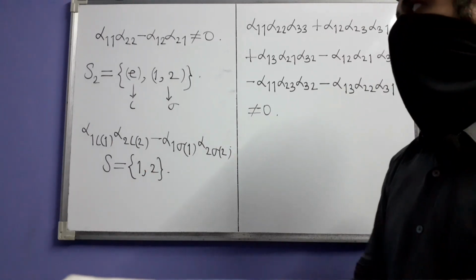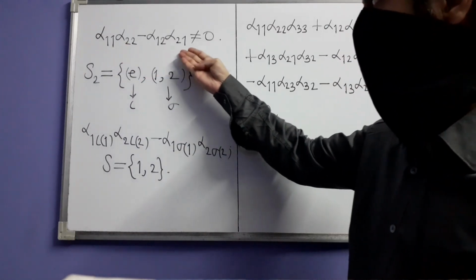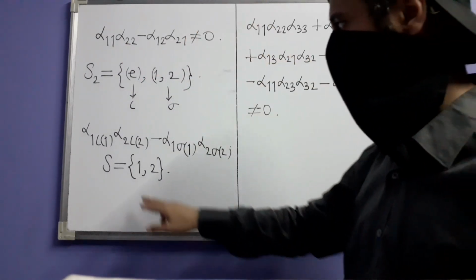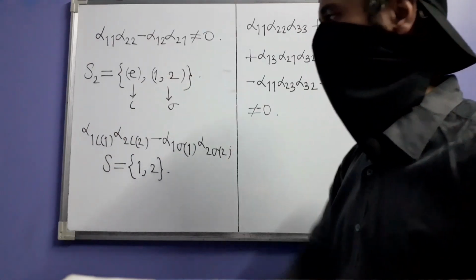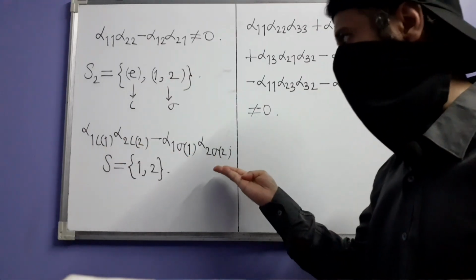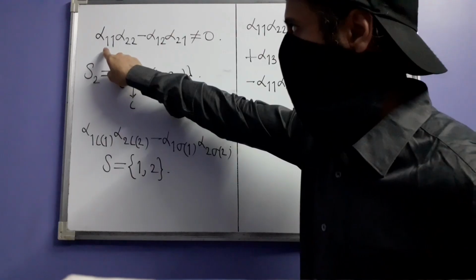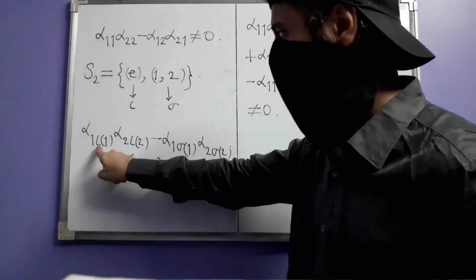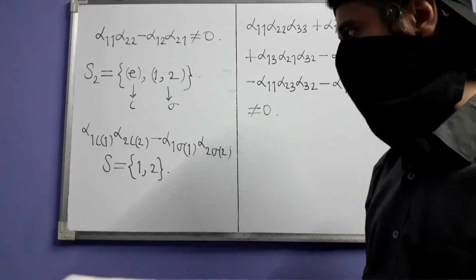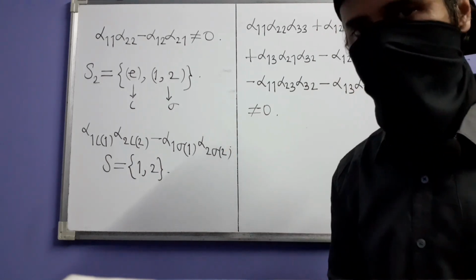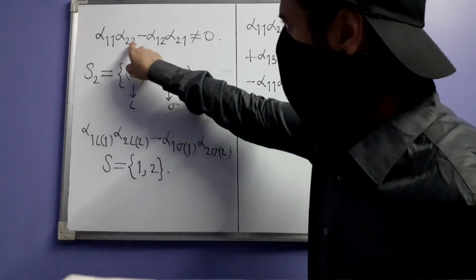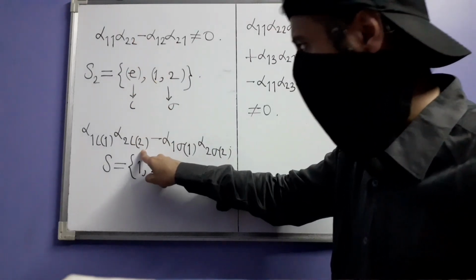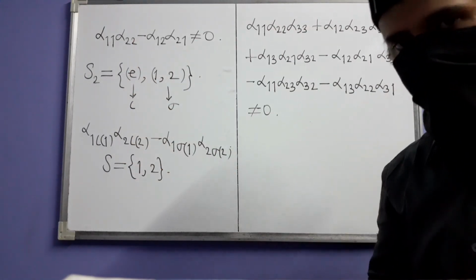Now we are going to rewrite this expression, we won't write not equal to 0, that of course is there, in terms of these permutations, like this. What do you see here? 1,1. Now in place of this second one you can write iota of 1, because iota of 1 is equal to 1. 2,2. In place of this second 2, you can write iota of 2, because iota of 2 is equal to 2.